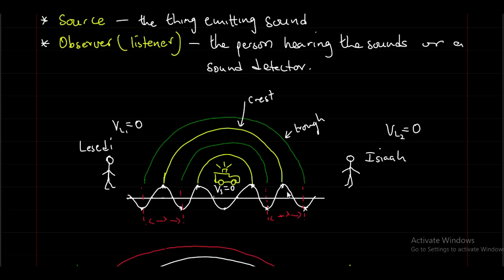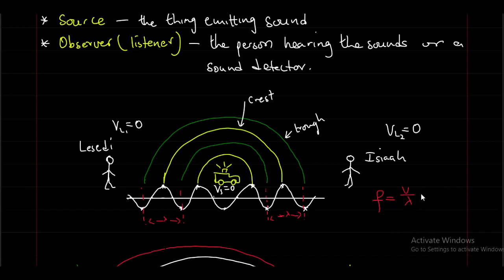So what I talked about is the wavelength. What about the frequency? What can I say about frequency from this information? We know from the previous video that we discussed the relationship between frequency and wavelength. Frequency is equal to the speed of sound divided by the wavelength of the sound wave.